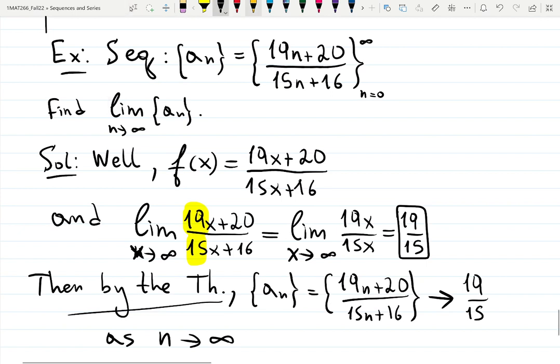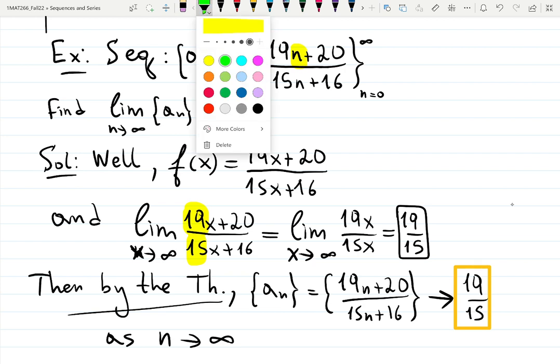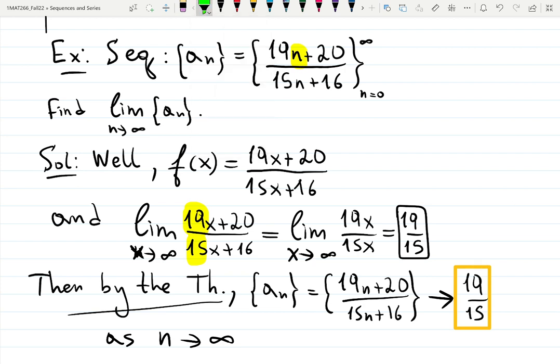Let me make it very clear. Why do we care about the difference between the function and the sequence? That's one thing I need to explain. What's the difference between n and x? Who cares? Well, let's see. N can be only 0, 1, 2, 3, 4, 5, whatever. It's a counter, it's an integer. So I can write down the terms of this sequence.